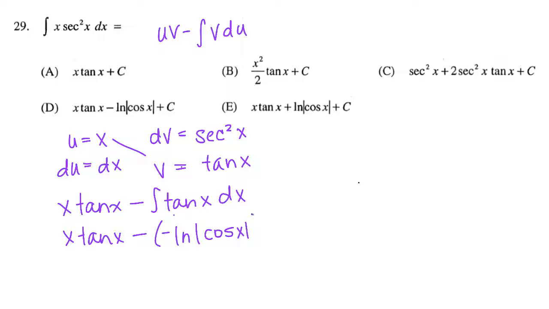Either know that formula or divide this up and make it sine over cosine and do a u sub. That will also generate this for you. And of course our plus c, we can't forget that. That would be tragic. So answer choice, it looks like it's going to be E after we clear up those negatives.